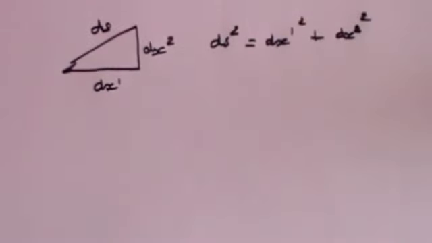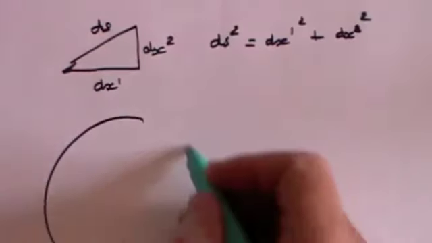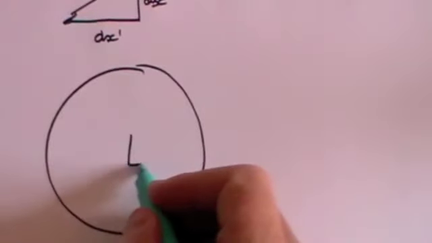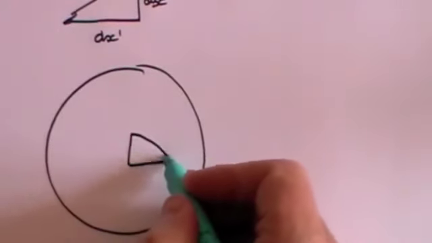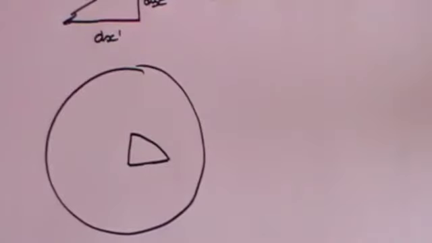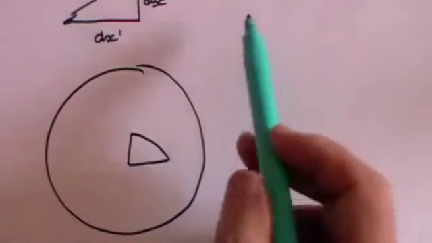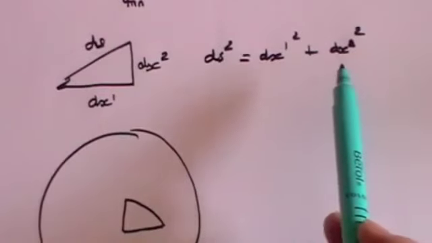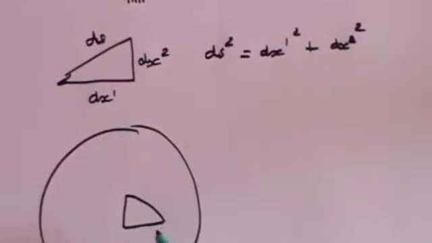But that is not true if you take a sphere and you try to draw a triangle on the surface of a sphere. Then this formula, which we derived, which is just plain Pythagoras, is not true on the surface of a sphere.